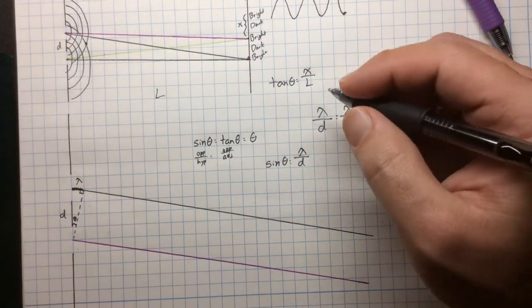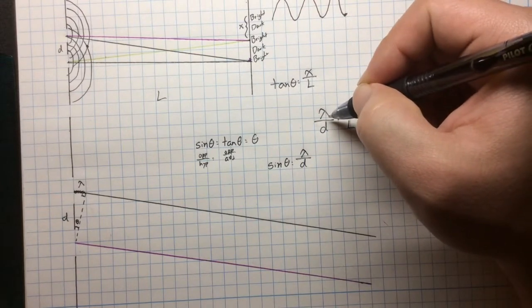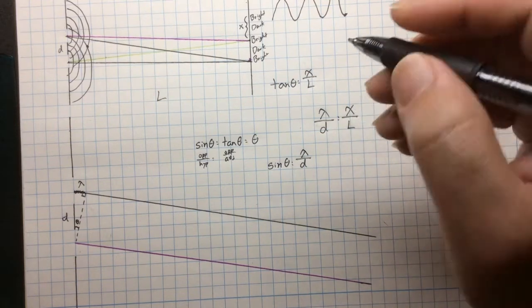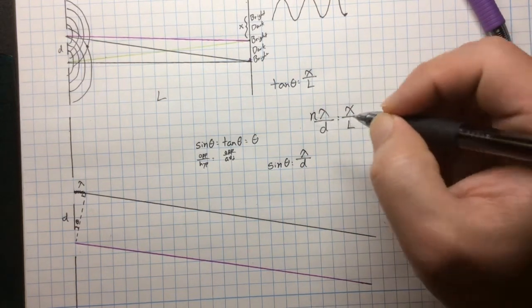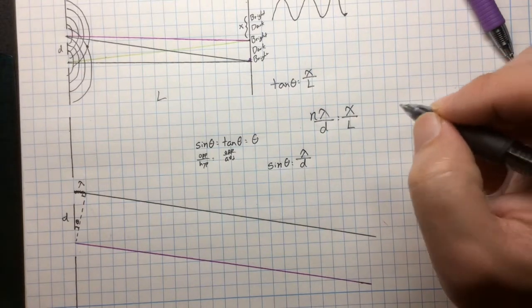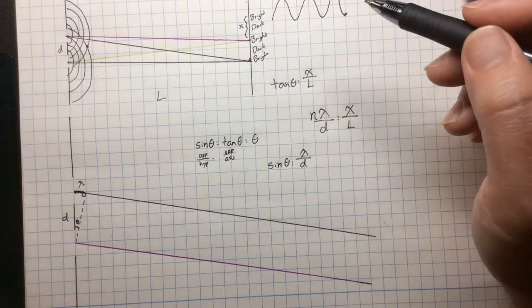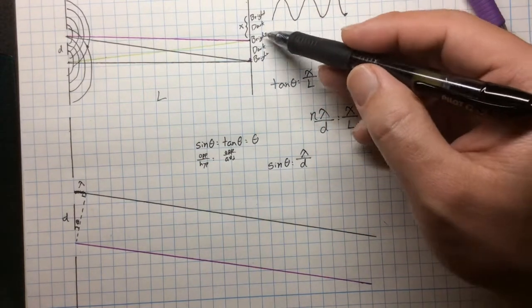Okay? And for our first order bright spot, that's where our path difference is just a wavelength. That's going to be an x value there. If we want the second order, I would actually put an n right there, and I would put a 2 in place of that n, or a 3, or a 4, or a 5 for all these bright spots that would appear. All the dark spots would appear in between those bright spots.